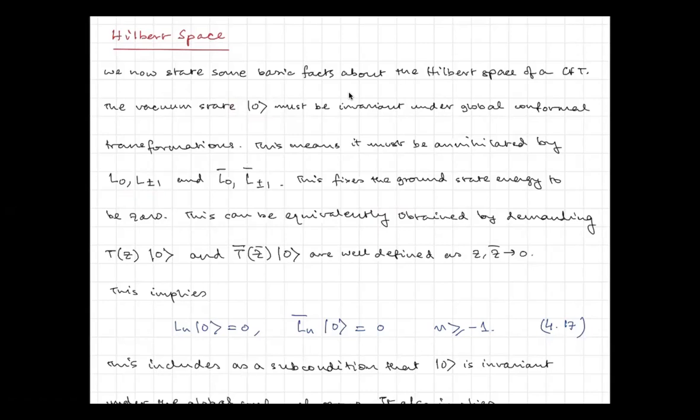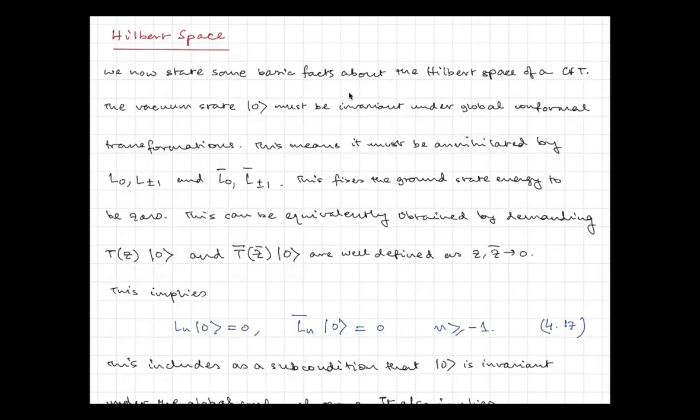And you can equivalently look at it as saying that T(z) acting on |0> and T bar(z bar) acting on |0> have to be well defined in the limit z going to 0. So you can move around between all of these relations.